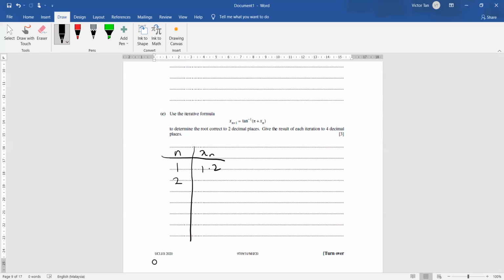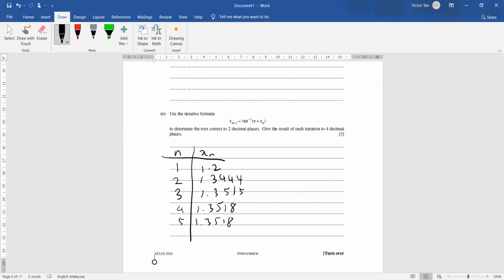So x2 is 1.34, to 1 decimal place 1.3. x3 is 1.351. x4 is 1.3518. x5 is also 1.3518.